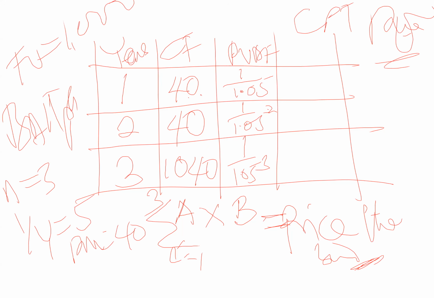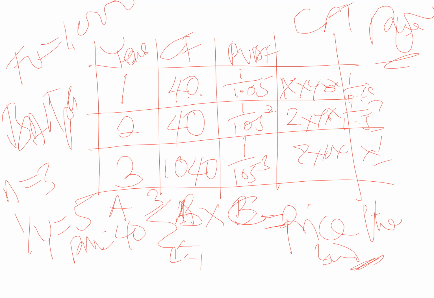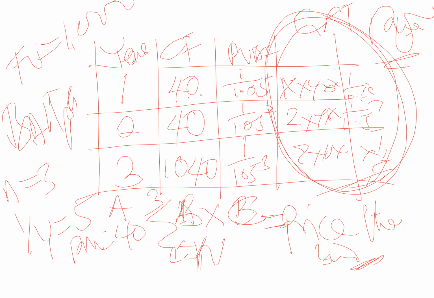Yes, you are using BA II Plus, that's fine. So when you do that, you get a price. Now, instead of calling this A and B, let me call the first column A, the second column B, the third column C. If I multiply 1 times 40 times 1 over 1.05, then 2 times 40 times 1 over 1.05 squared, then 3 times 1040 times 1 over 1.05 cubed, and I sum these values, then divide that by price, what I get is Macaulay duration.